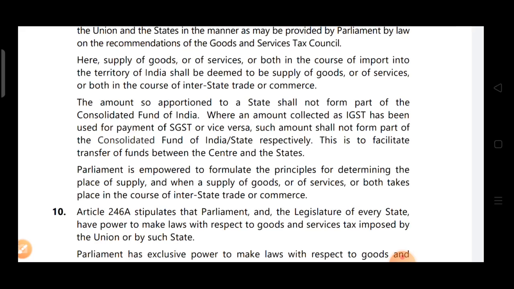This we have seen in the illustration. Means when the amount collected as IGST has been utilized for payment of SGST, that will not form part of the Consolidated Fund of India. And when the amount of SGST has been used for the payment of IGST, that will not form part of the Consolidated Fund of the state.